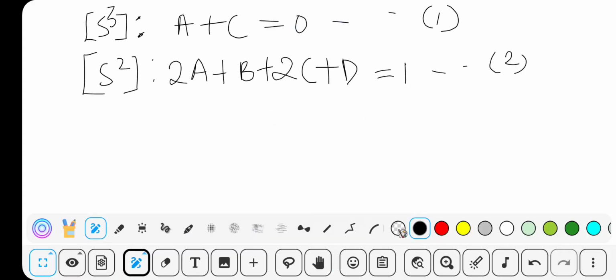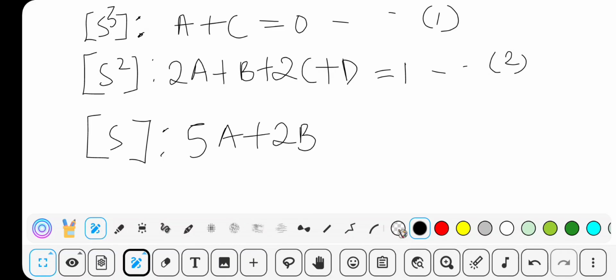Then moving on, for s we have 5a plus 2b plus 2c plus 2d equal to 2.